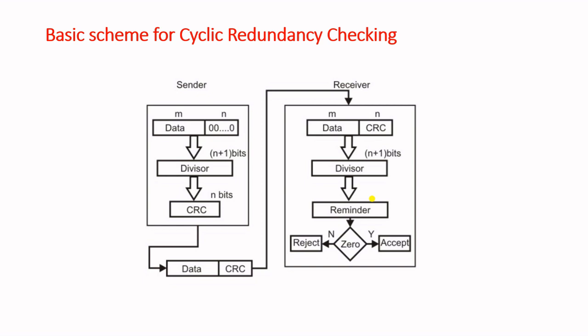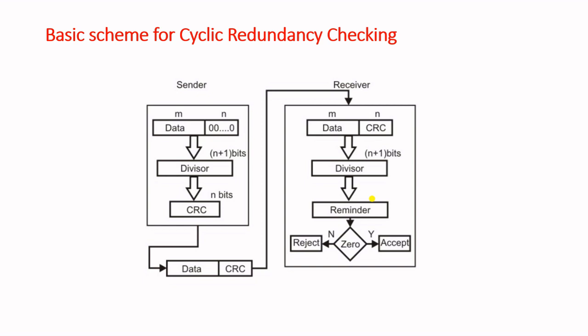There are two entities involved, sender and receiver. At the sender side, there is data having m bits and there are n redundant bits. After the data, some redundant bits are appended, and these redundant bits are zeros.